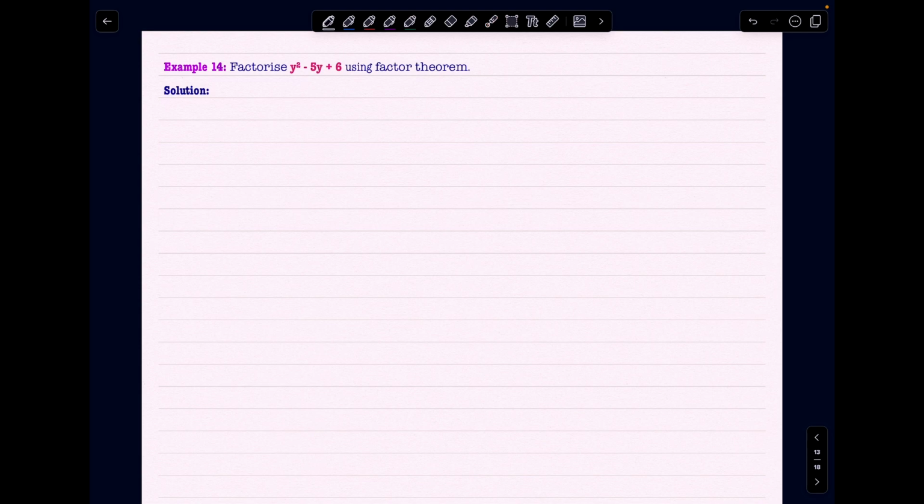Why? I am writing, see, let p of y equal y square minus 5y plus 6.